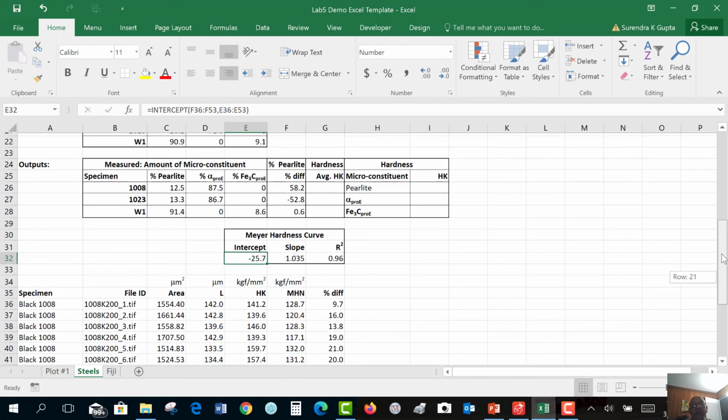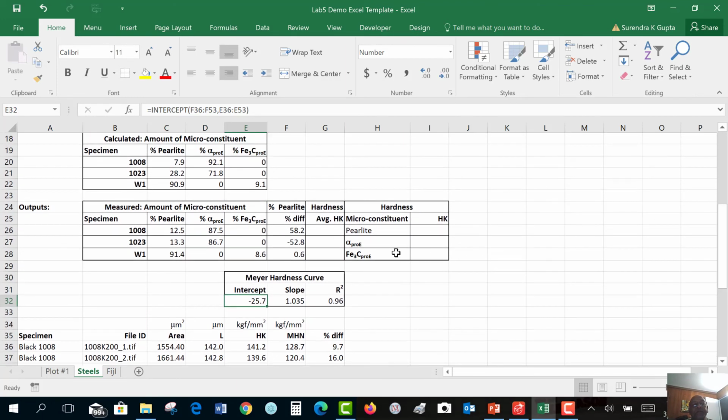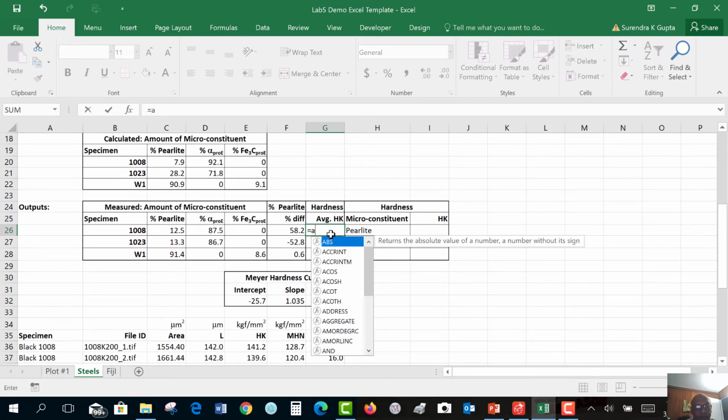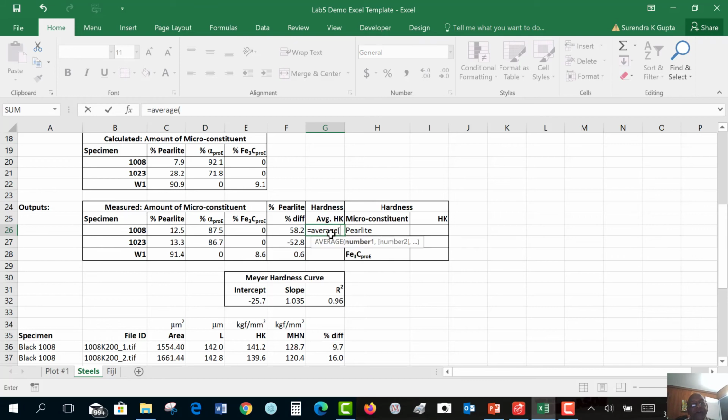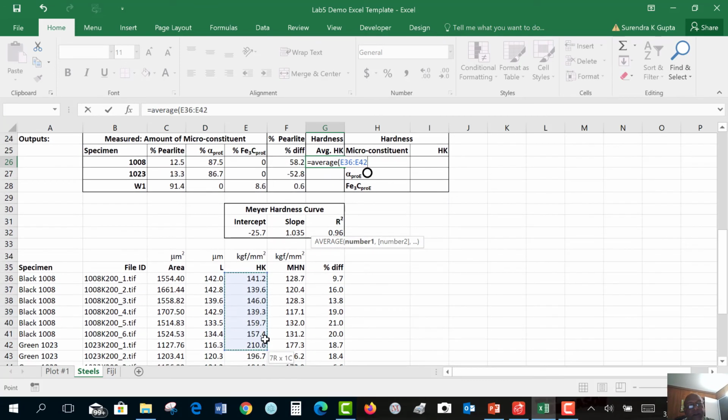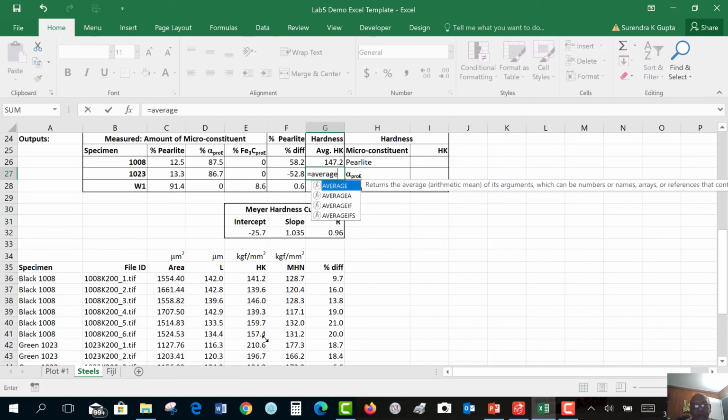Okay, let's do some more analysis. Let's calculate the average hardness values. So we want average of the first 6. Average of the next 6.